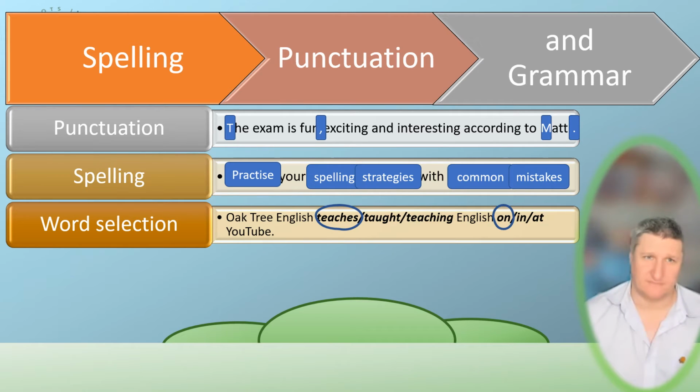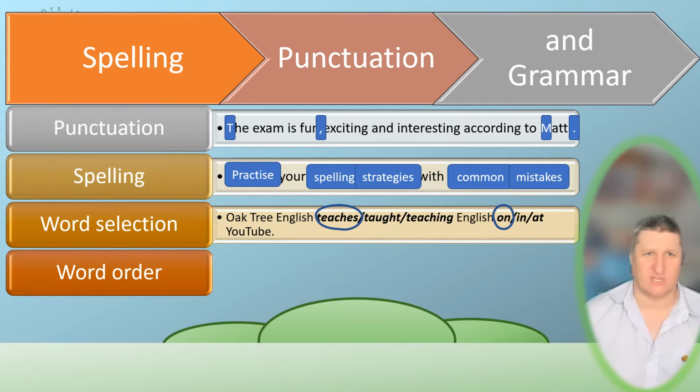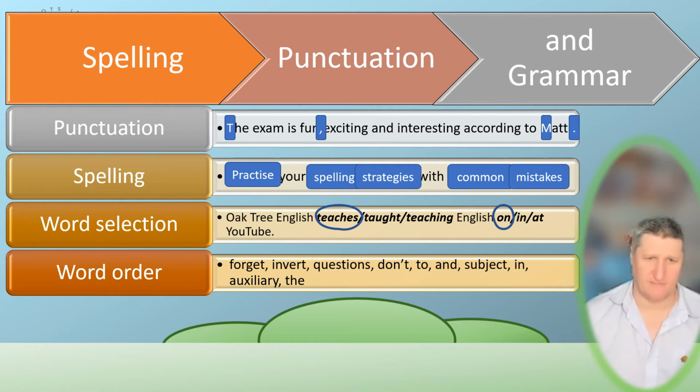Exercise 4 is about making sentences. So you'll be given a jumble of words. There they are. And you have to organize them into statements or questions. You can practice for this by understanding how simple sentences are constructed.